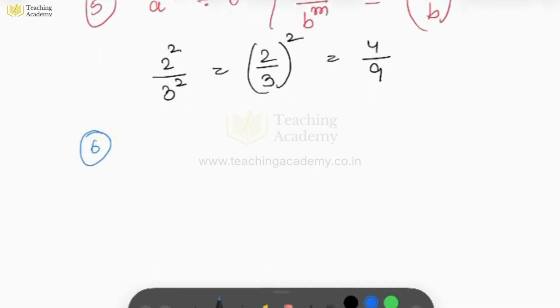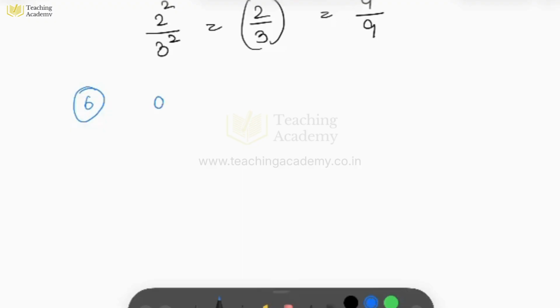Sixth law. Sixth law says when you see some negative power in the denominator or in the numerator, right? We are going to reciprocal the number, the base actually. So this is going to be reciprocated here.